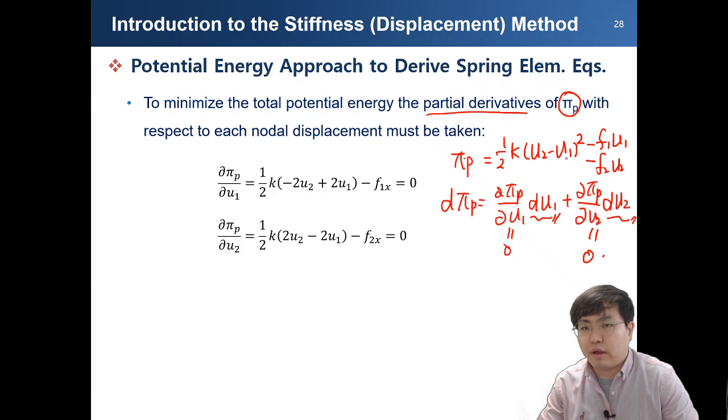So how can we obtain it? We first differentiate by u1 and the 2 cancels out. However, I put this value inside here, so this part should be added. Let's try again.